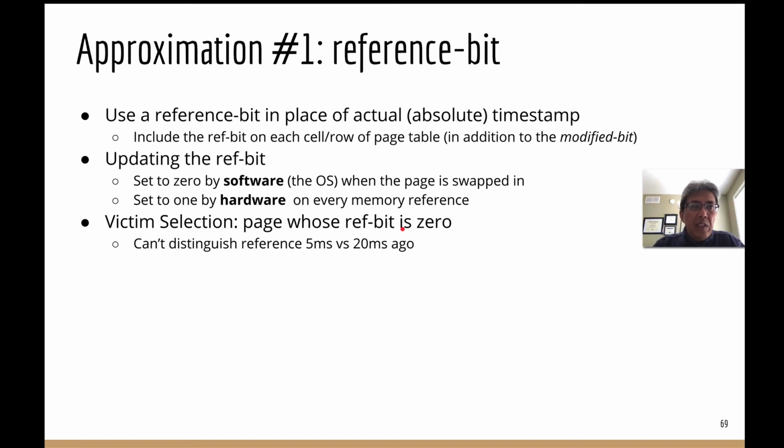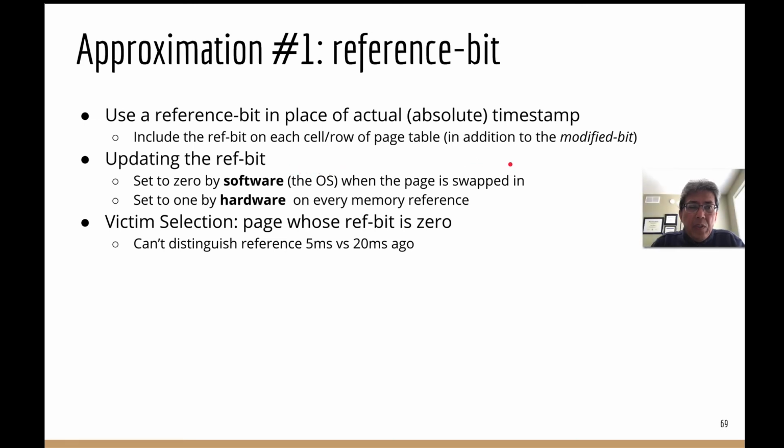As soon as we move into implementation, we need to see how the hardware and software work together. And remember the recurring theme we have been seeing since the first week of class: features in an operating system are only possible when we get support from the hardware. So with this one bit, every time a page is referenced, the MMU will automatically set the R bit to 1.